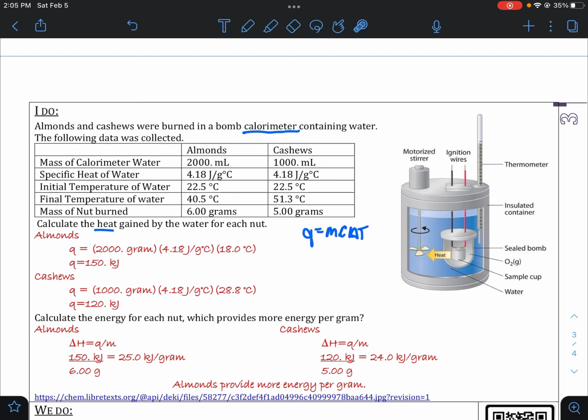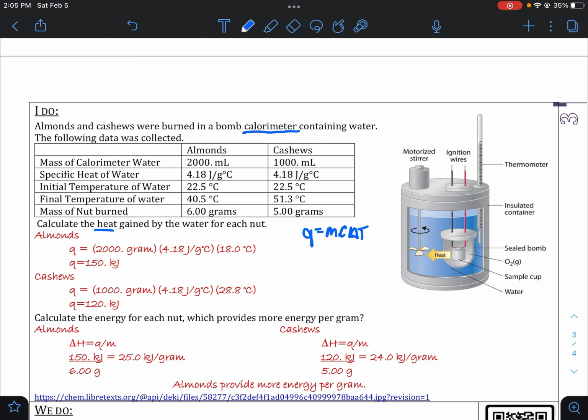What we should notice here is that we're calculating the heat of the water, because the heat from the water, heating that up or cooling that down, comes from the system, from the almonds and the cashews. But we can't actually measure the almonds or cashews. We have to measure the water around it.